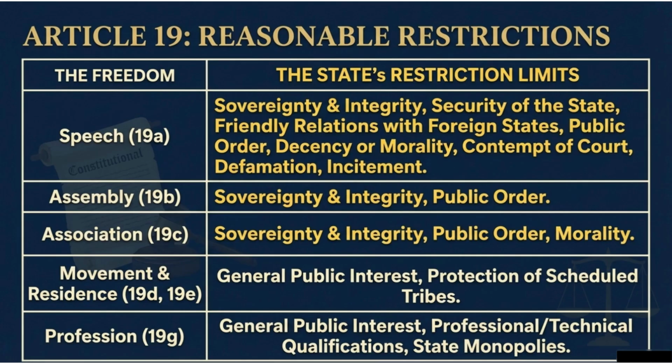And for profession under 19(1)(g), the state can restrict on grounds of general public interest, professional or technical qualifications, and state monopolies. Remember, no 2 freedoms have the same list of restrictions, and that is exactly what UPSC loves to test.